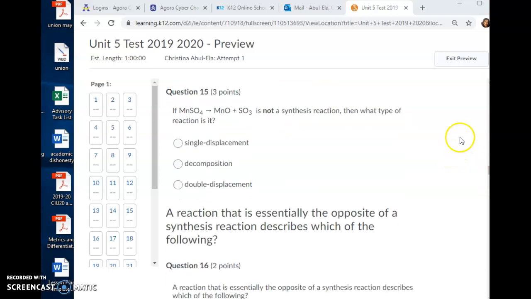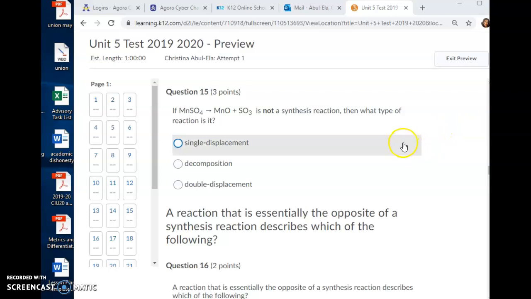Question 15. If that same reaction, manganese 2 sulfate yields manganese 2 oxide plus sulfur trioxide, is not a synthesis reaction, then what type of reaction is it?